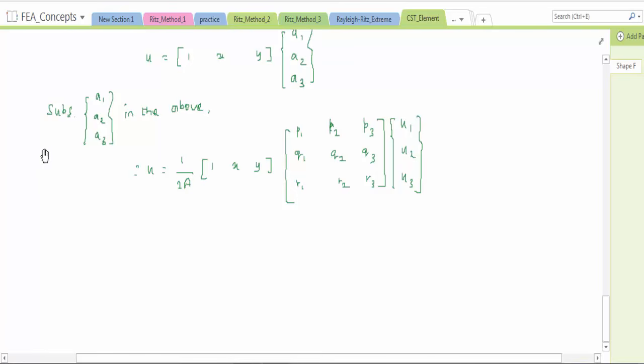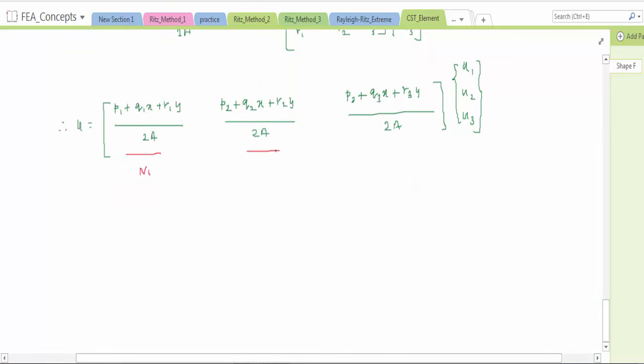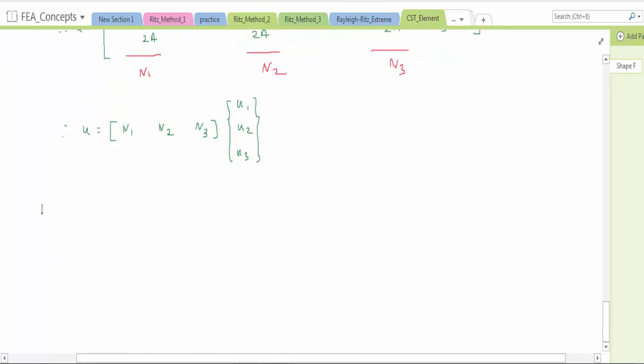Now multiply this 1 by 3 matrix with the 3 by 3 matrix. We get p1 plus q1x plus r1y by 2A, similarly p2 plus q2x plus r2y by 2A, p3 plus q3x plus r3y by 2A, into u1, u2, u3. These terms can be called N1, N2 and N3. This is called the shape function for the constant strain triangle in terms of u1, u2, u3.